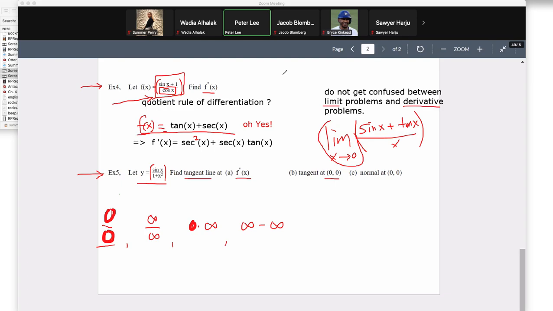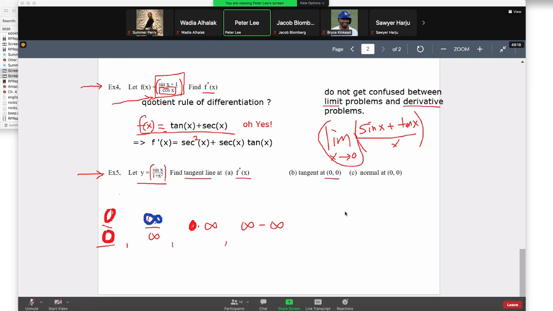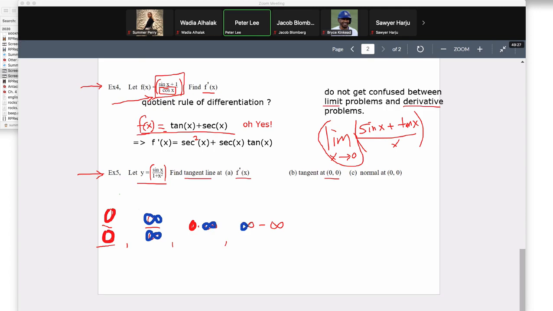Do you see anything other than infinity and 0? No, you only see infinity or 0, right? So when it comes to indeterminate forms, you have to work on the zeros and the infinity. If something is not 0 and something is not infinity, then don't bother.